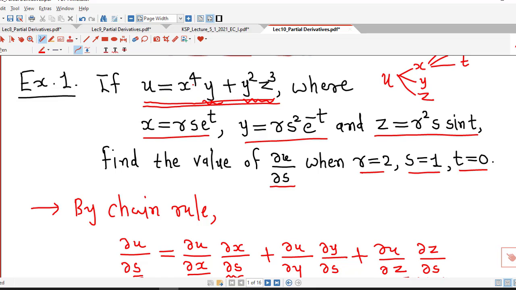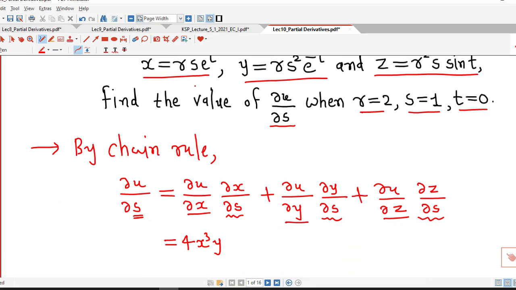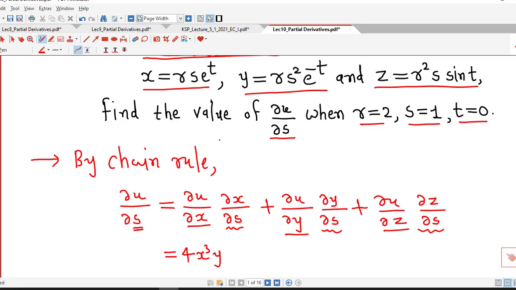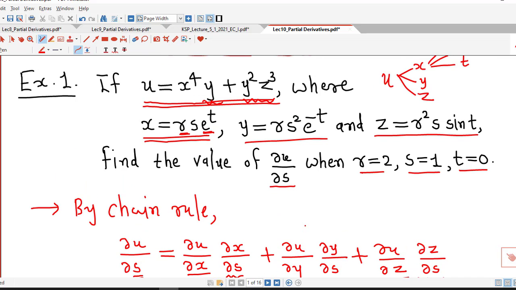And in the product we have partial derivative of x with respect to s. So we consider r and e raised to t as constant, and derivative of s is 1. So here we write r into e raised to t, plus partial derivative of u with respect to y.